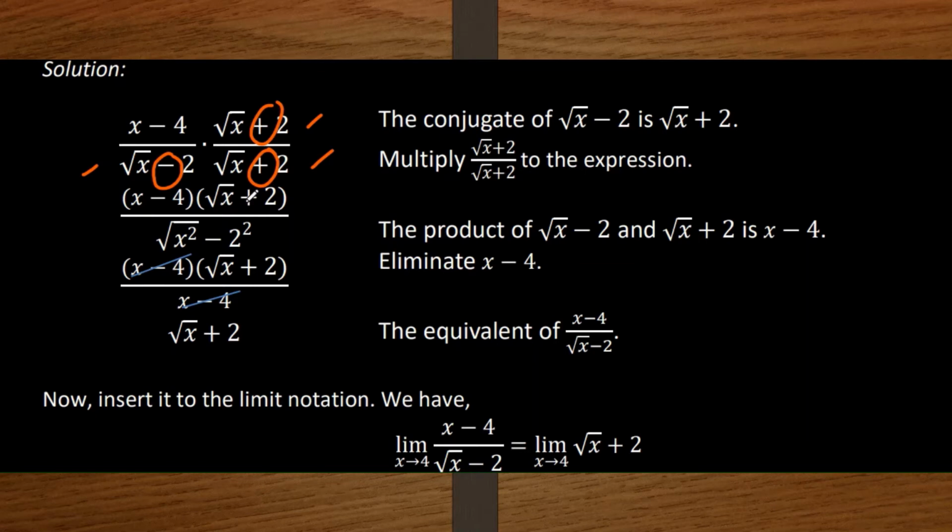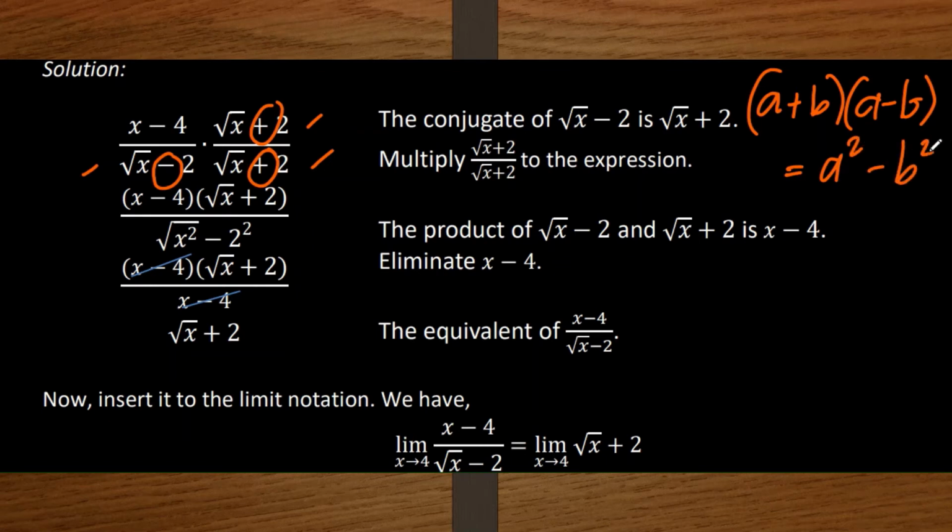Okay, so when you are going to get the product in the denominator, you are now following the rule a plus b times a minus b is equal to the square of a minus the square of b. So if you get the square of the first term, that is square root of x, then we can just cancel out square and square root and get the square of 2, and that is equal to 4.